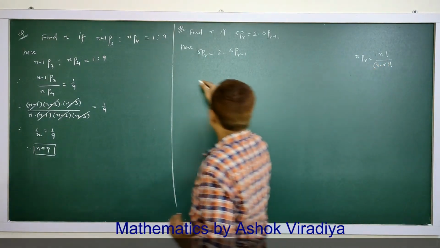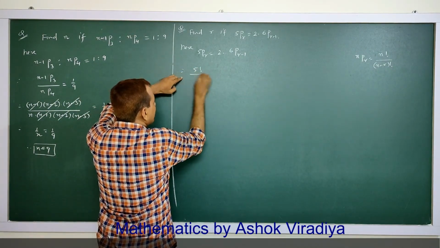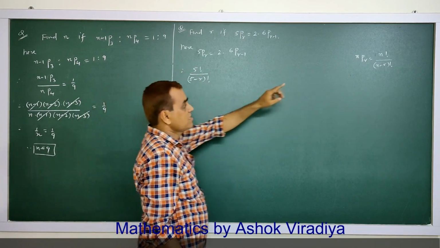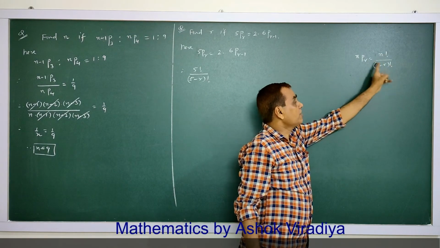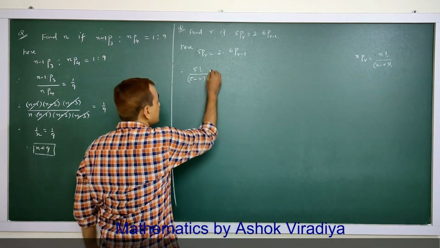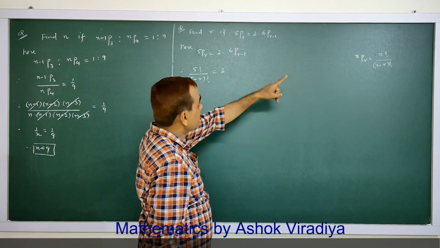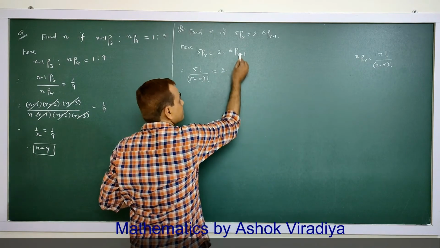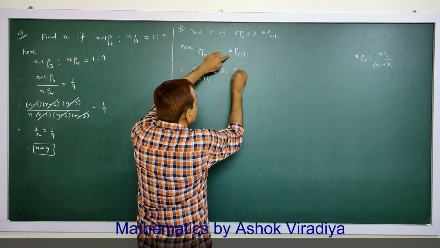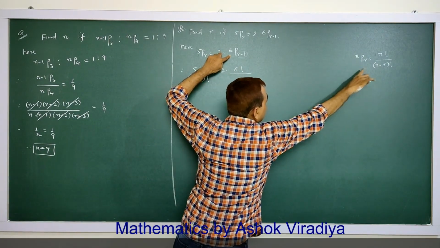So applying this formula, 5Pr is 5 factorial upon (5 minus r) factorial, n factorial upon factorial of this difference. It is equal to 2 into, again using this formula, nPr, in case of r minus 1, 6 factorial upon the difference of these two numbers put in the denominator.